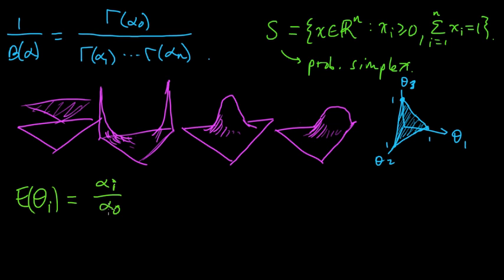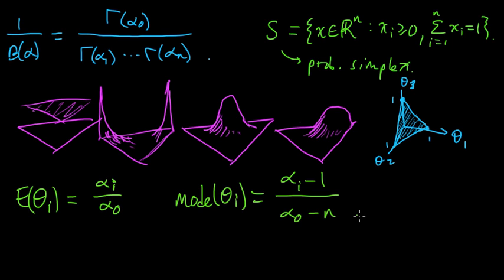Another statistic of interest here is the mode. The mode of theta i, the maximizer, is alpha i minus 1 divided by the sum of all those. If we summed over i from 1 to n, we would get alpha 0 minus n.